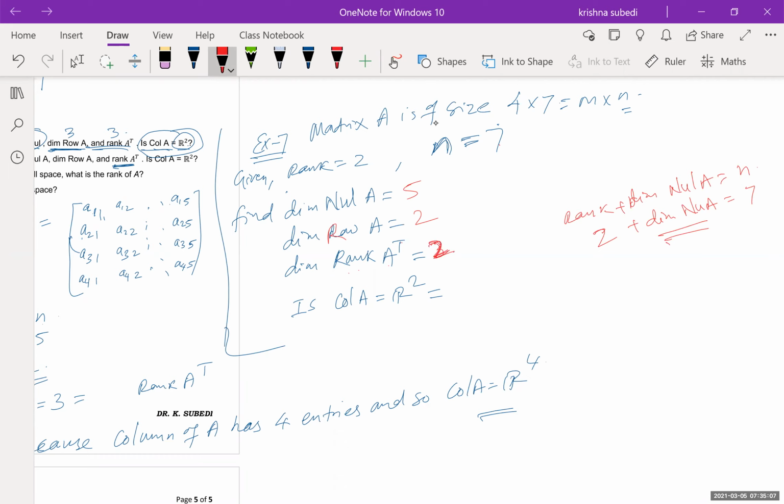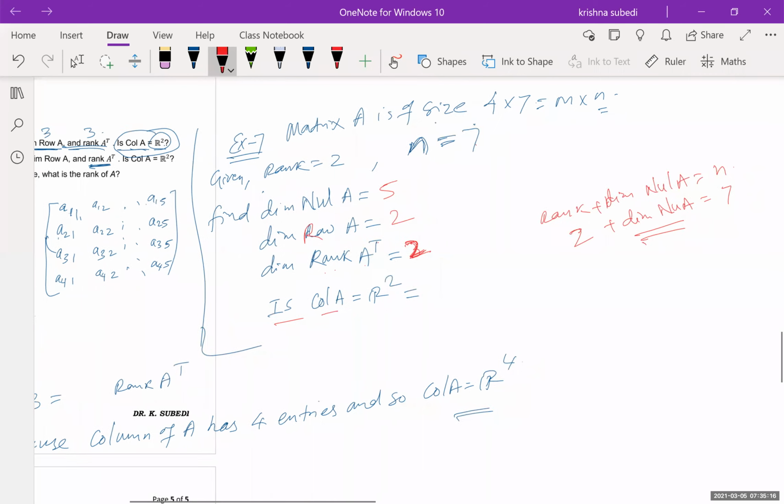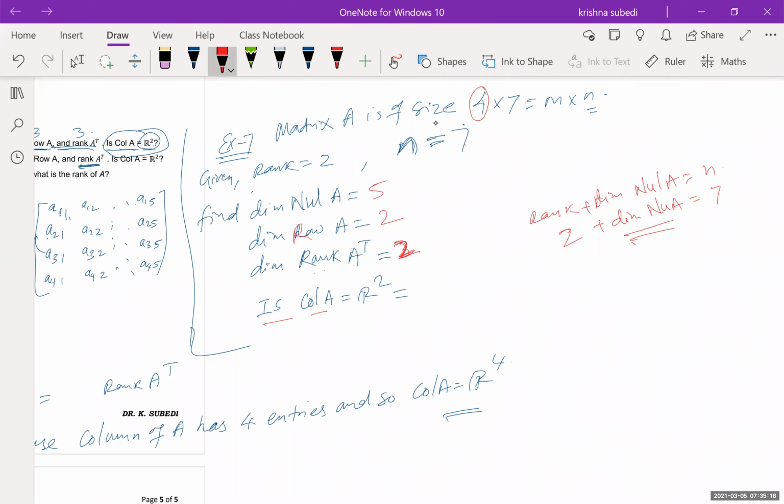And now the question is, is column space of A equal to R2? The answer is, remember, there are 4 entries in a column of A. If you try to make a matrix A, it has 4 entries there, because it is 4 by 7, and this side is 7.